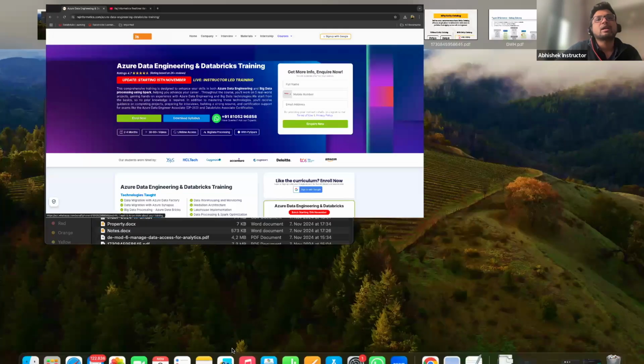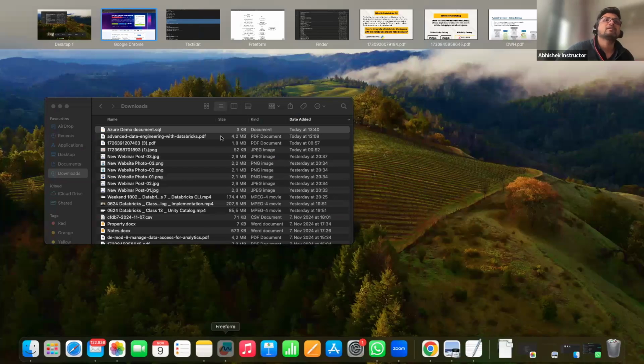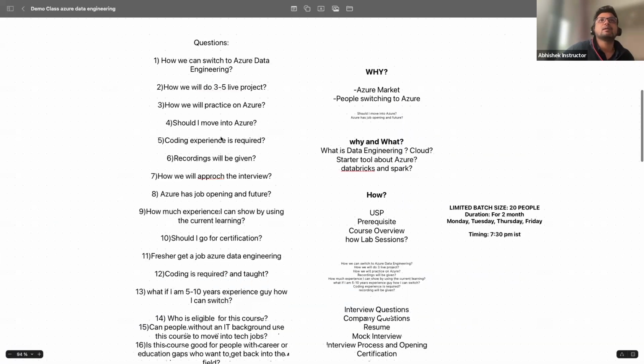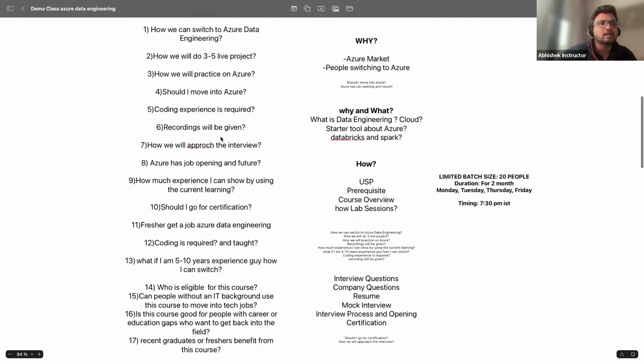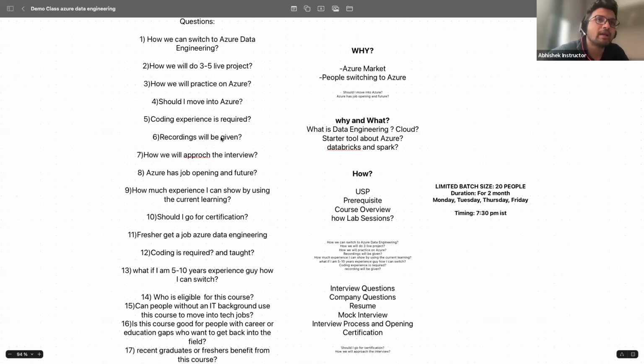So, all right. Before coming to the demo, I received all of these messages. The general queries among all the people attending the demo are these. Some people want to understand how they can switch into Azure Data Engineering, and some want to understand how we will do 3 to 5 projects in this whole course curriculum. Some want to know, hey Abhishek, how do we do the lab sessions? Because in the company they give the Azure account and we generally practice on that, but during the training, how will we do the lab sessions and practice in real time?